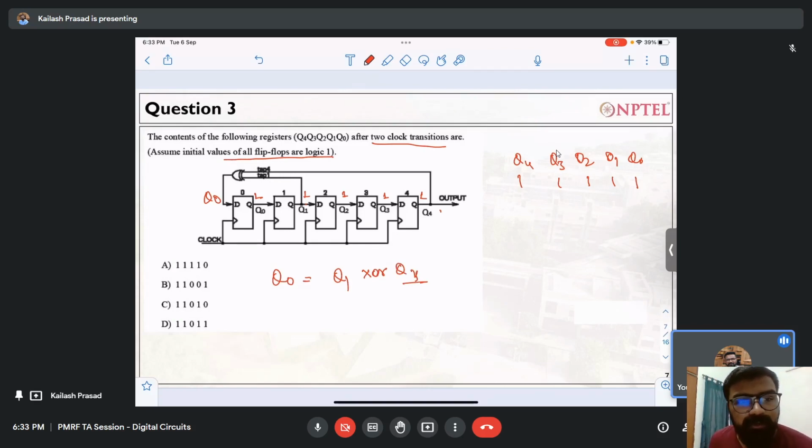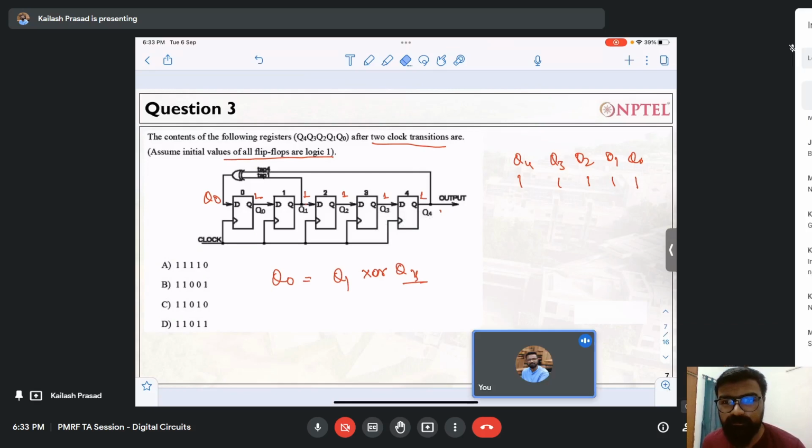Now they are asking, after two clock cycles, what will be the answer? That's the question. Anybody wants to answer this? Anyone? You can comment your answer in the chat box.